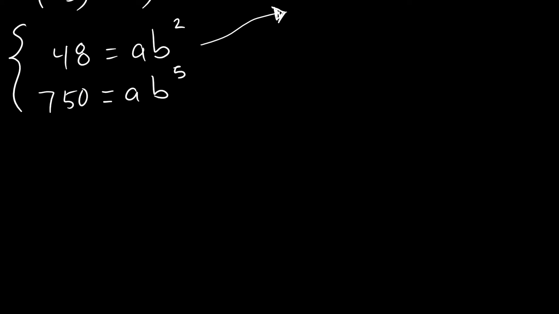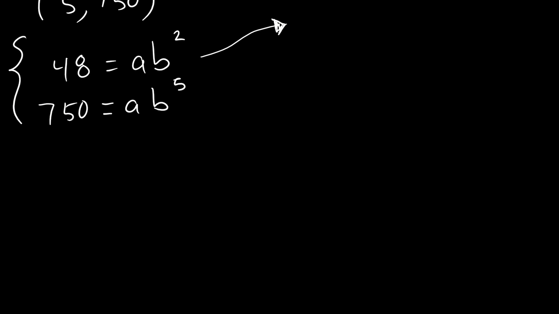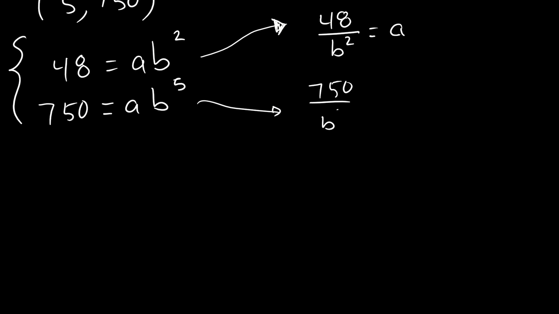So in the first equation, if I isolate a, I'm going to divide both sides by b squared. So this becomes 48 divided by b squared, and that equals a. And then the other equation, when I solve this for a, it becomes 750 divided by b to the 5th power is a.